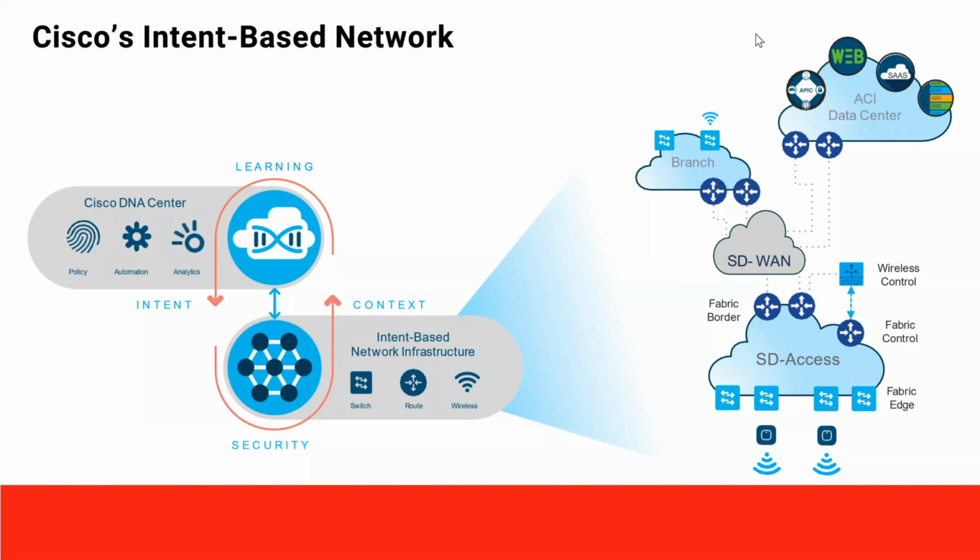Okay, so intent-based networking. Now you see all the technologies having software-defined aspects, they have named it under this roof, intent-based networking. Now what does intent mean? The meaning of intent is what I intend to do.